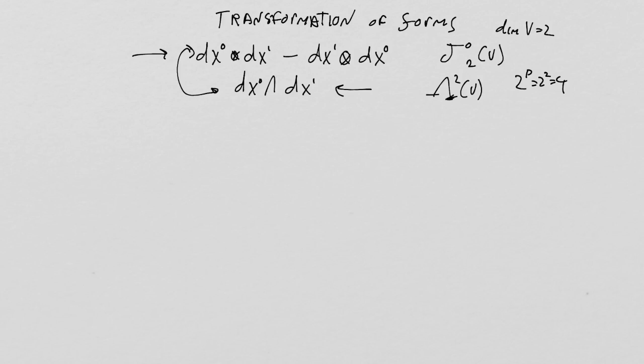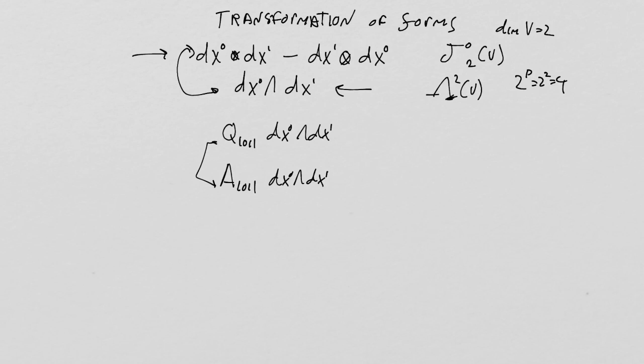And we know that all of those differ only by a factor. So Q 0, 1, in this case, dx0 wedge dx1, and A 0, 1 dx0 wedge dx1. The only difference is the ratio of Q to A. There's some factor that turns Q to A, and that's the only difference.